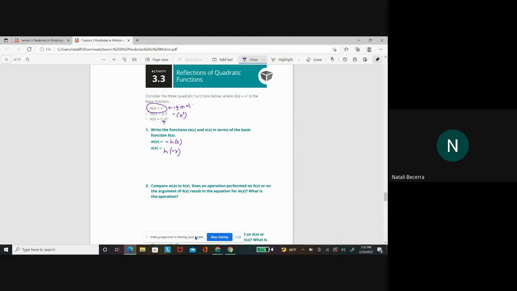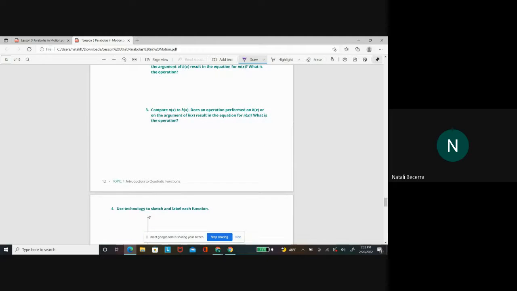I don't think there's anything else left for this one. Just know that this is gonna be a reflection across the x-axis, and this is gonna be a reflection across the y-axis.